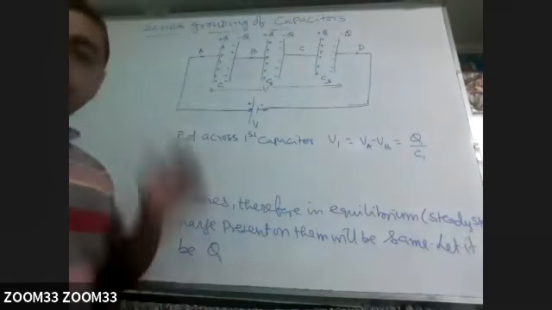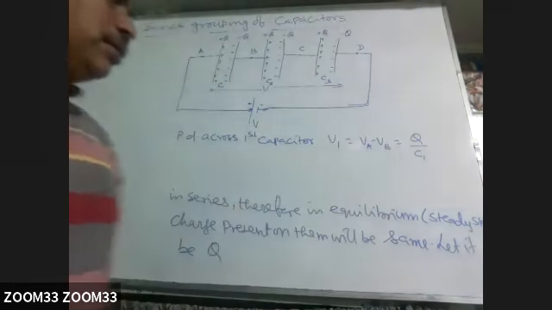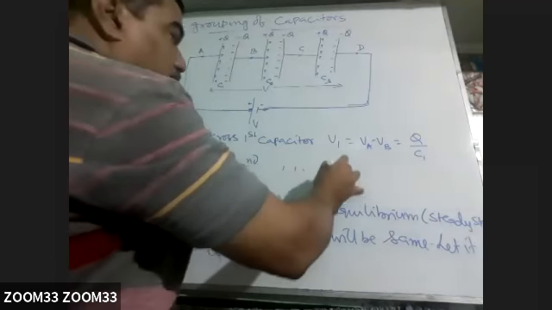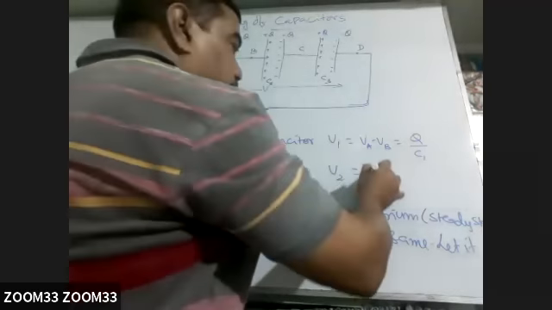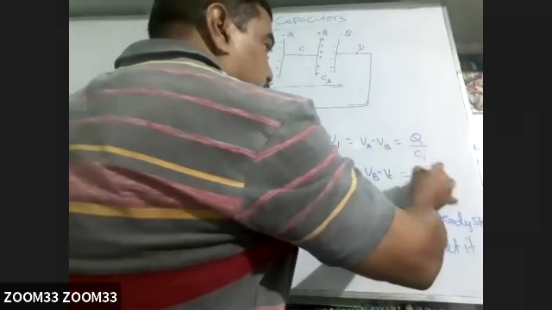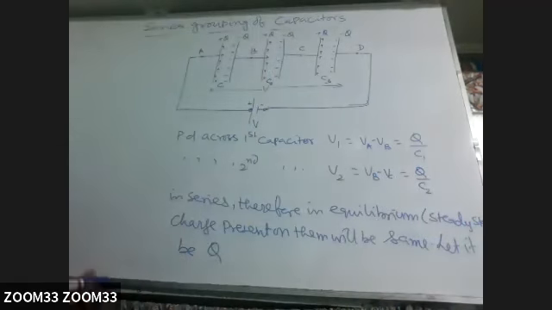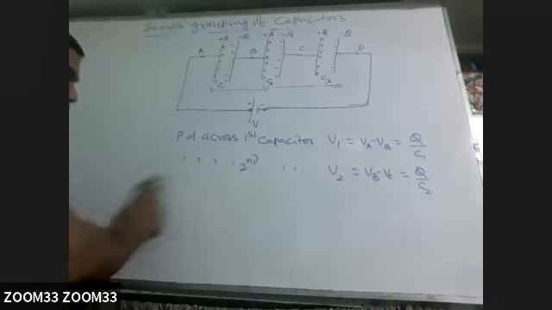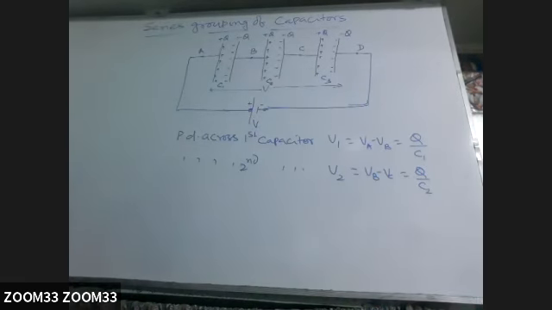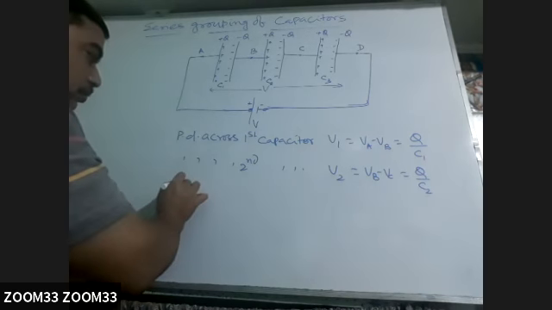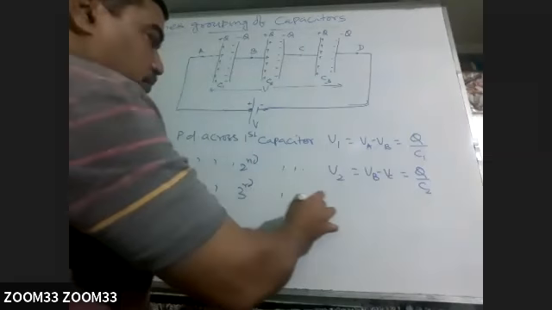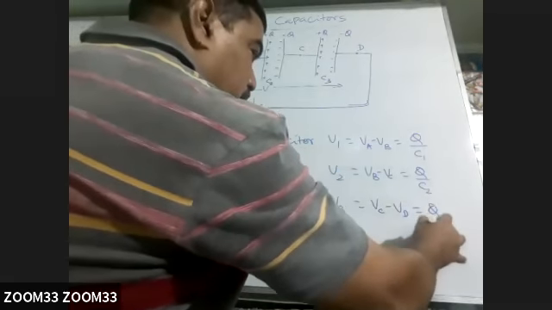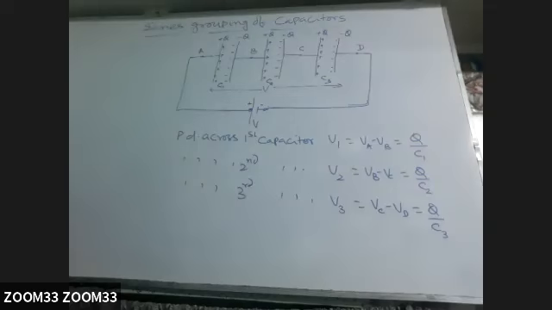Similarly potential difference across second capacitor is V2 which is VB minus VC. And across the third, it is Q by C3.